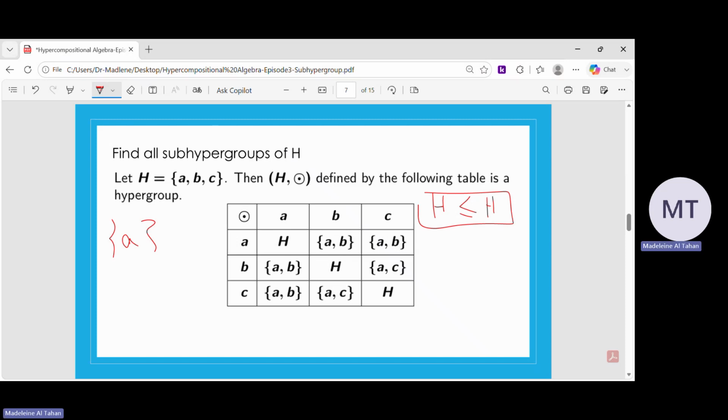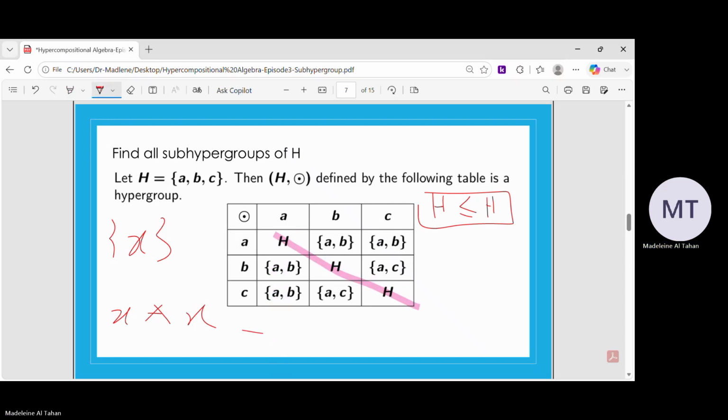I will write the singletons in general as X, and X can be A or B or C. Do you think that this singleton can be a subhypergroup? Let's look at X star X. It's equal to H. Is it a subset of X? So if we have the subset in the form of a singleton, it's impossible to be a subhypergroup.